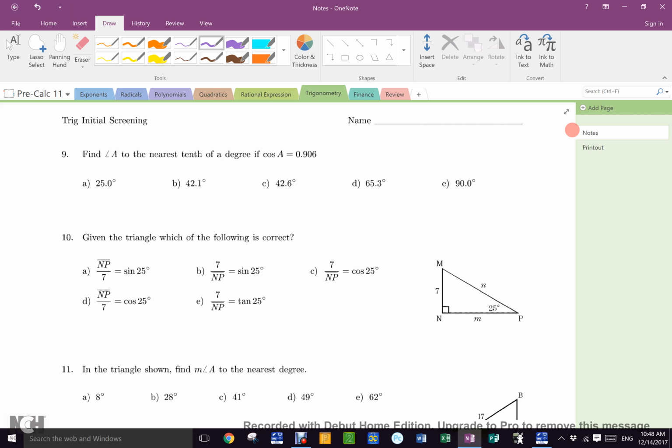Who remembers how to do this? What is the answer? What's the answer? She meant A. She meant A?